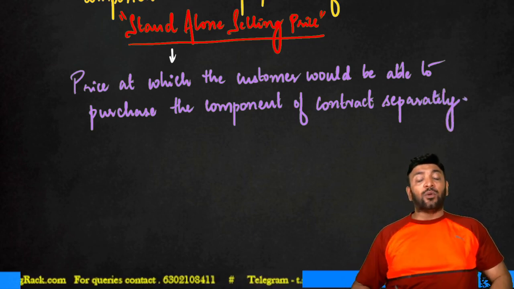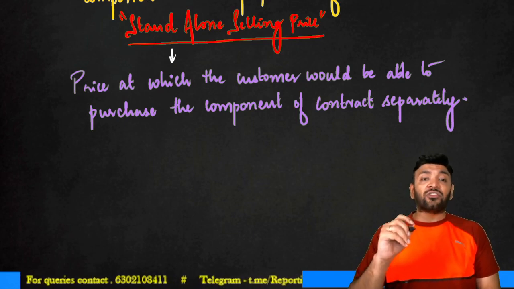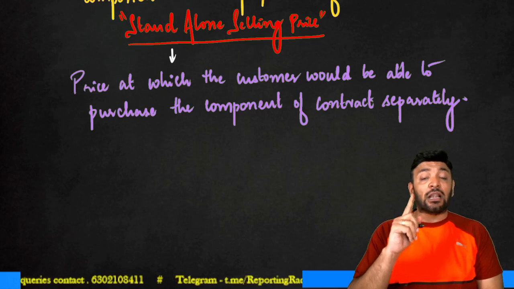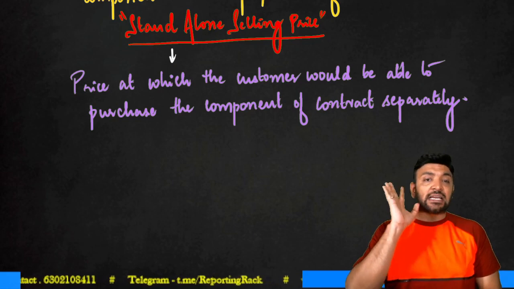The price at which the customer would be able to purchase the component of the contract separately is called standalone selling price. What is the price at which I can purchase the car?